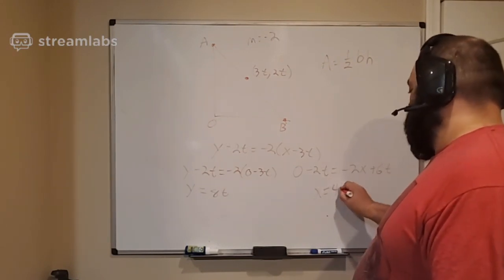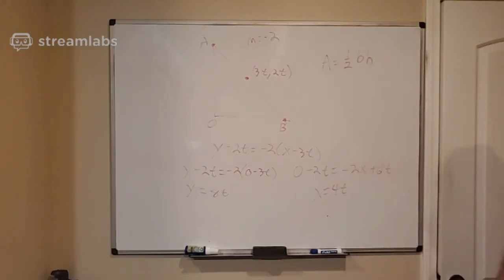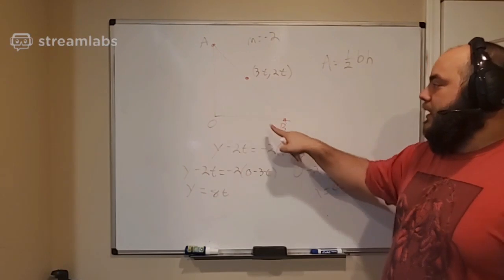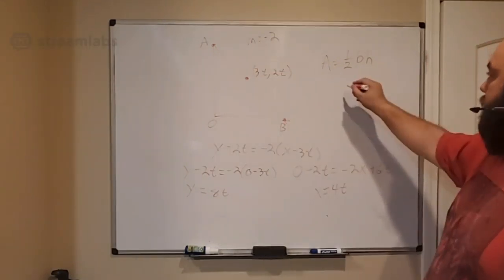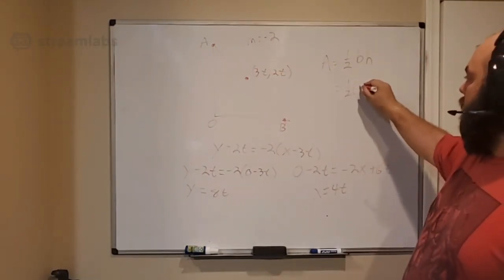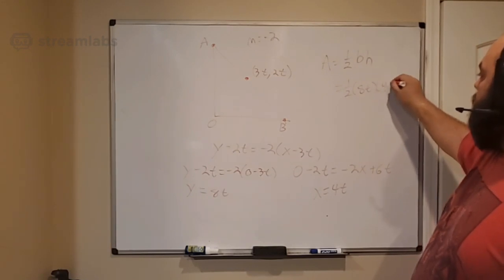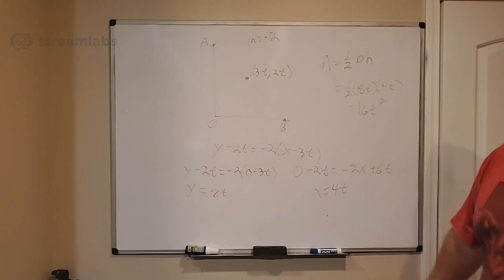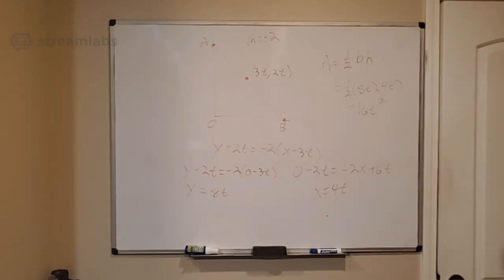And then just plug those in for your base and your height, because your base is from 0 to x and your height is up there. So your area is equal to 1/2 times 8t times 4t, which is 16t squared. Now, obviously I know that was not the easiest thing, but does that make sense after I've showed it to you?